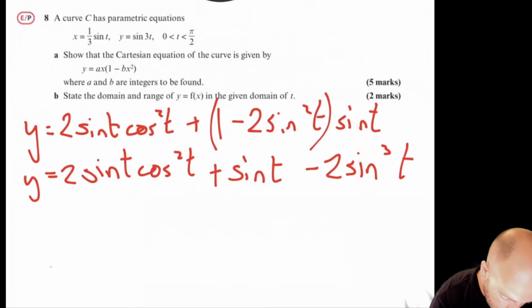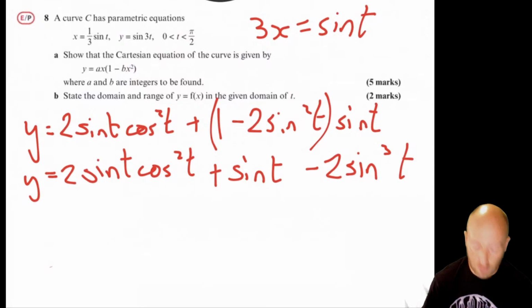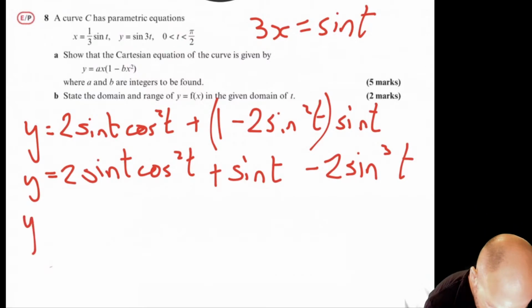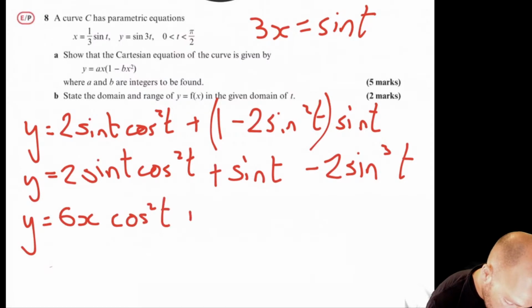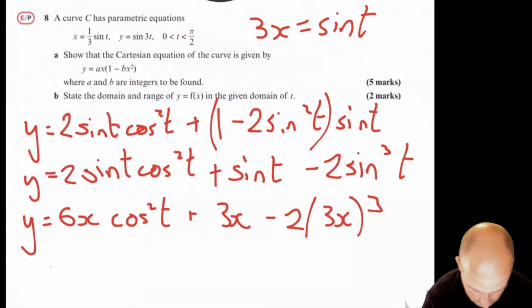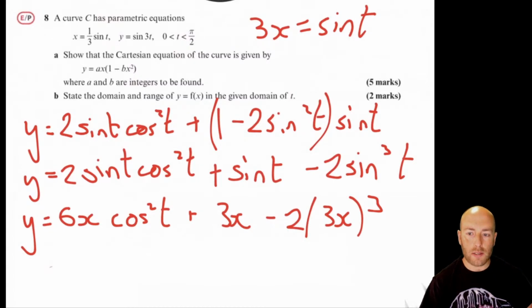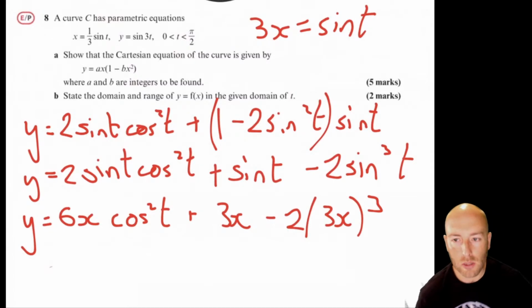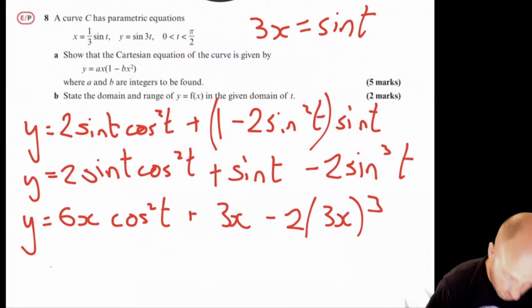And then we can say 3x equals sine t. So I'm going to put in all the sine t's as x's. So y equals 6x cos squared t plus 3x minus 2 lots of 3x cubed. Right, last bit is to sort out that cos. So we need cos in terms of sine. Well, cos squared is 1 minus sine squared.